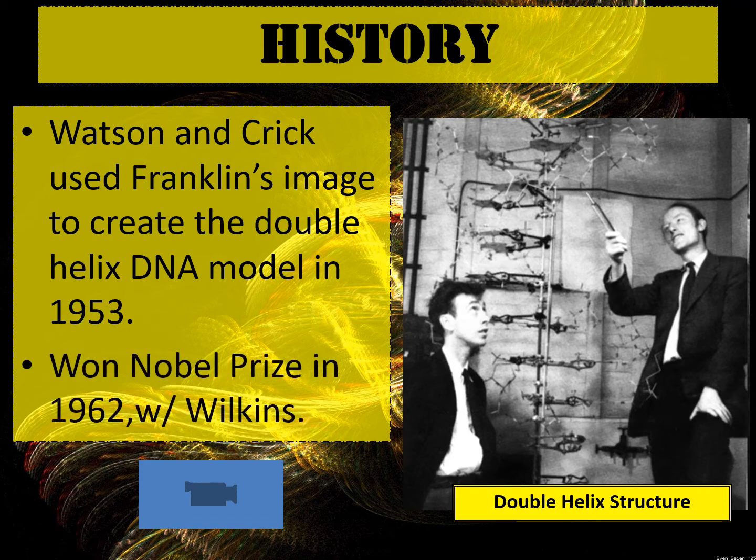This led them to receive the Nobel Prize in 1962 for their discovery, along with Maurice Wilkins. However, Rosalind Franklin was not awarded the Nobel Prize because she had passed away, possibly from X-ray radiation cancer.